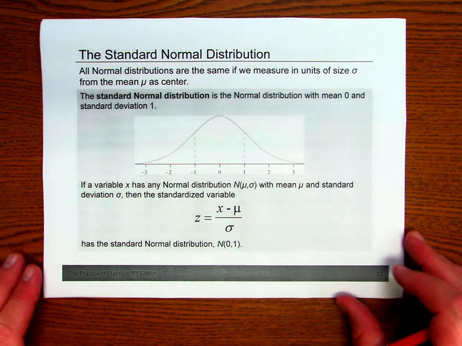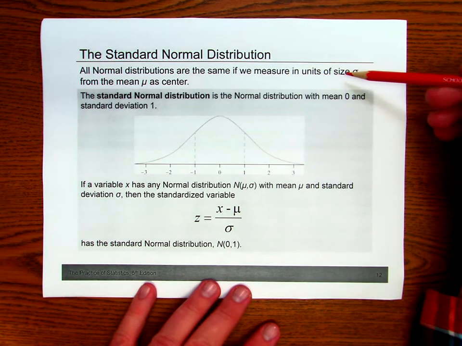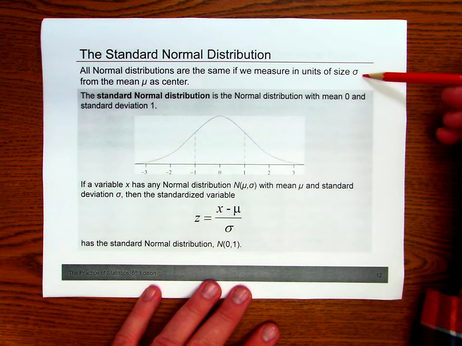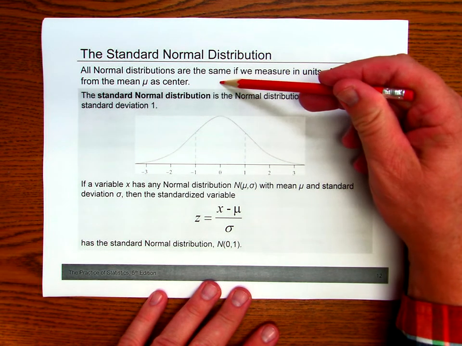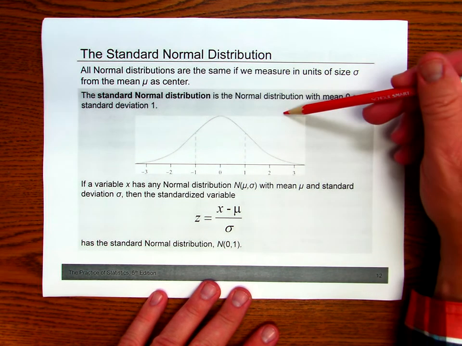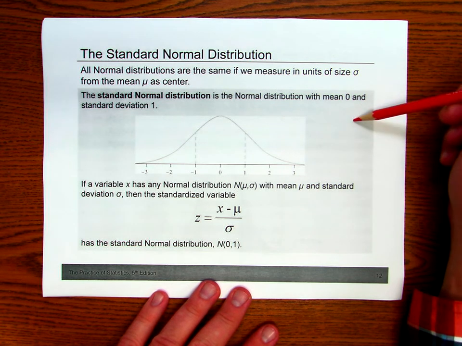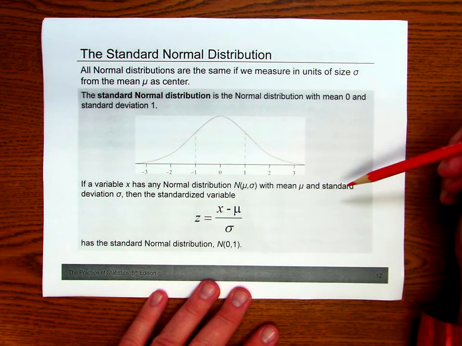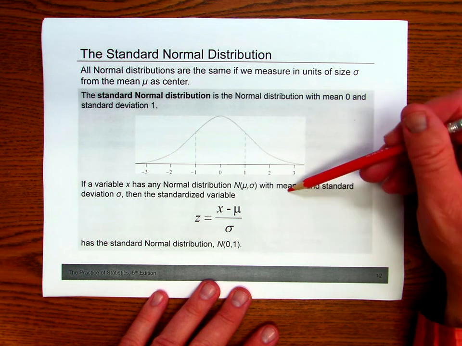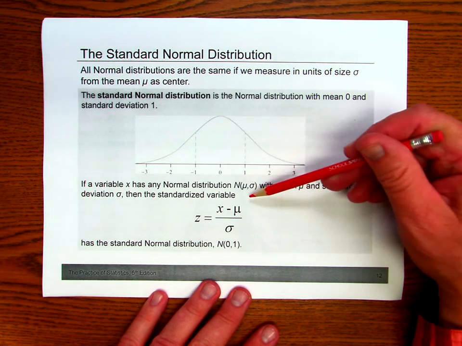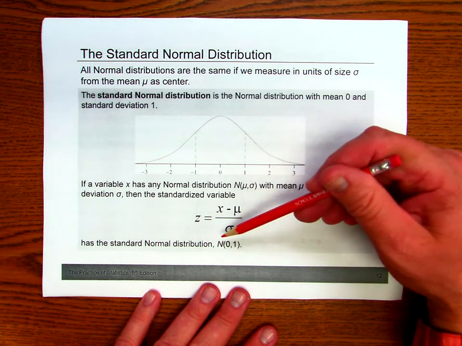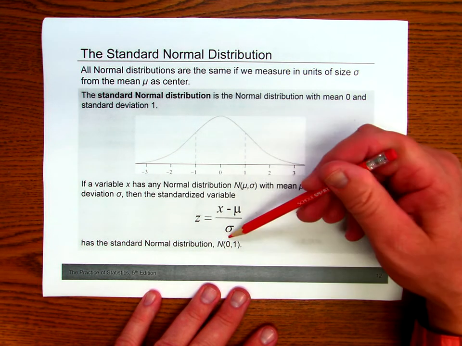Okay, all normal distributions are the same if we measure units in size of sigma and the mean mu as the center. The standard normal distribution is the normal distribution with a mean of 0 and a standard deviation of 1. If a variable has any normal distribution with mean mu and standard deviation sigma, then the standardized variable has a standard normal distribution, mean 0, standard deviation of 1.